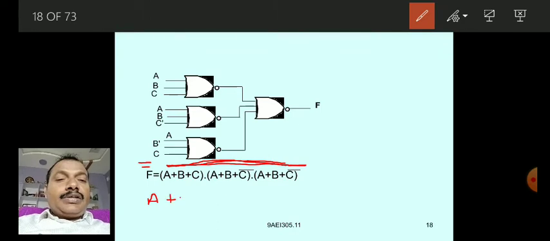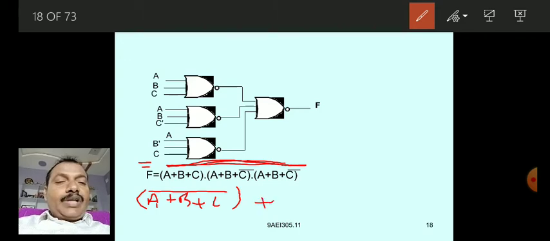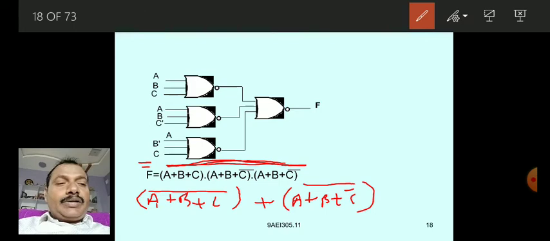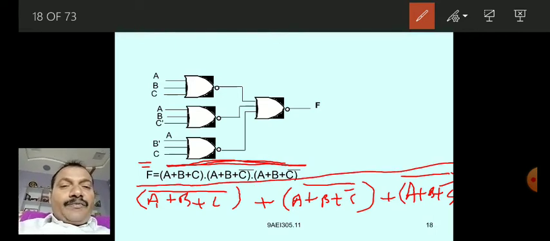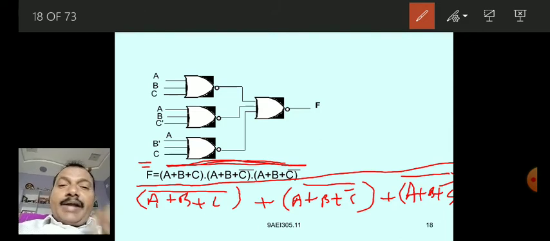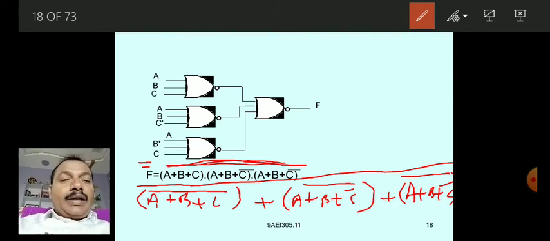(A plus B plus C) bar plus (A plus B plus C) bar complement plus (A plus B plus C) bar complement, whole complement. So for the lower bar I applied De Morgan law.